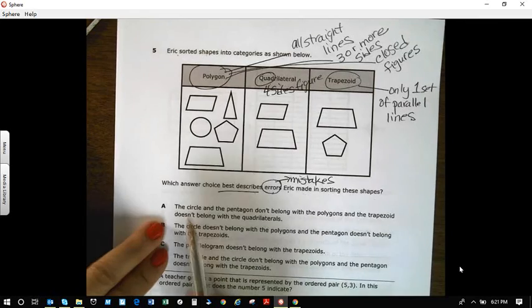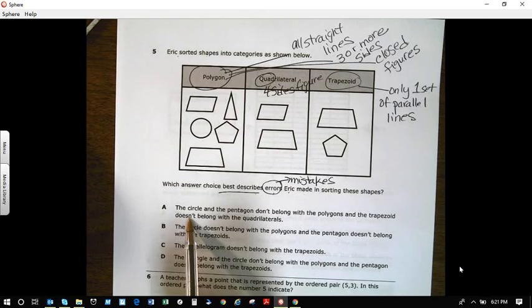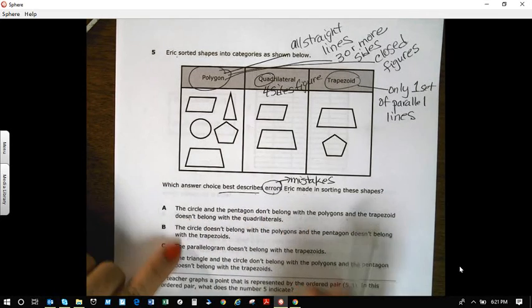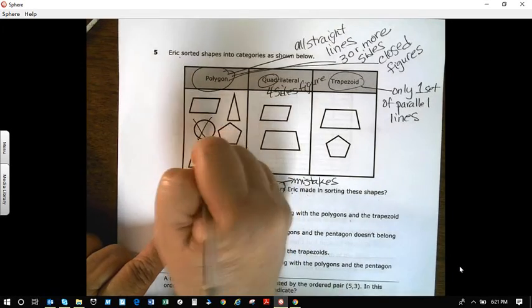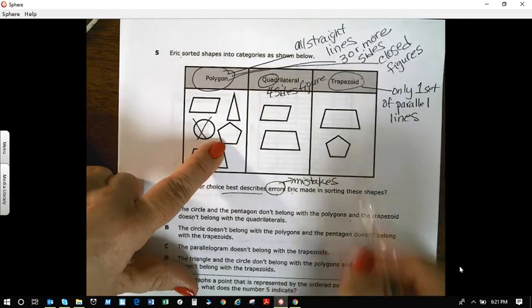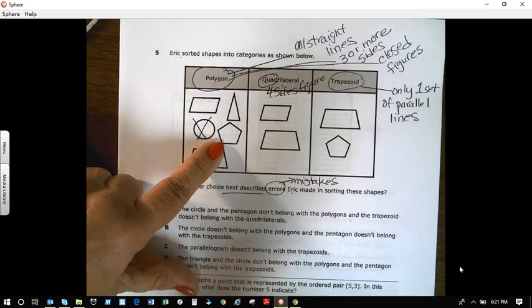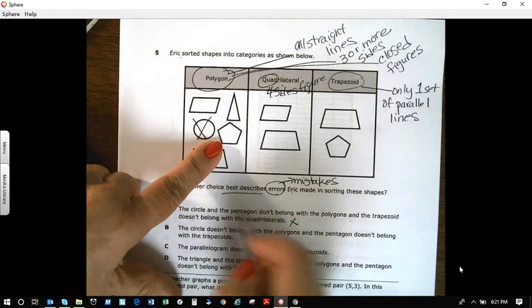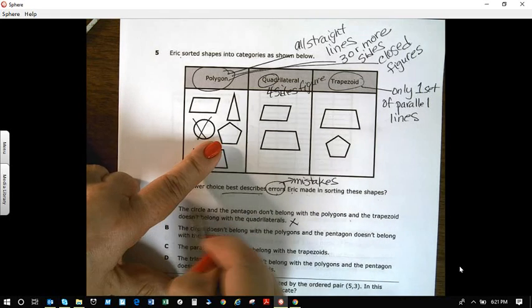Okay, so let's look at A. It reads, the circle and the pentagon don't belong with the polygon. All right, well, let's look at this. The circle, you're right, it doesn't belong. But the pentagon does belong. Does it fit our descriptions? Absolutely. So this is not a correct answer. So the circle doesn't belong. That's right.